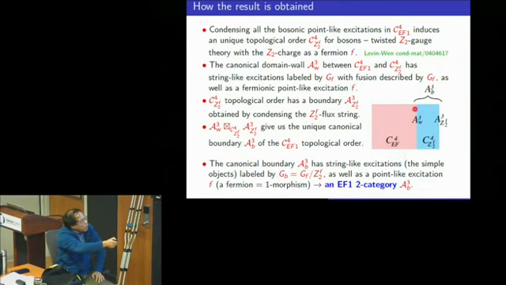This domain wall also has strings and the fermion particle. But for this Z2 fermionic gauge theory, we can get another boundary by condensing the Z2 strings. Because the particle is a fermion, we cannot condense that, but we can condense the Z2 strings to get the boundary.